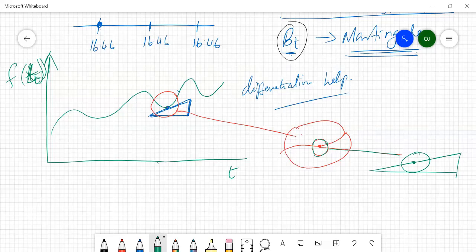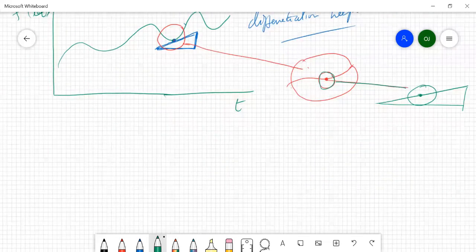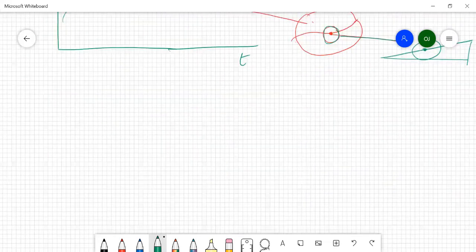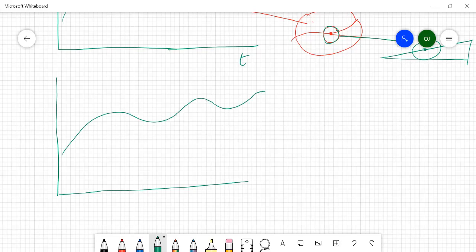But for Brownian motion, it behaves differently. If we have this kind of curve and we want to find the value at that point, and this is a Brownian motion, this is t.